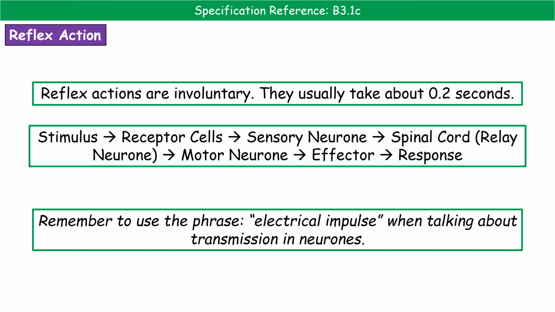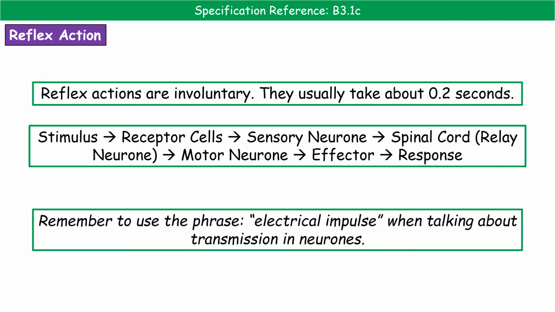If you say that the receptor cells send an electrical impulse through the sensory neuron to the spinal cord, you've just got the mark. You haven't really changed your understanding of the process, you've just tweaked your language in your answer. So electrical impulse, very important here.